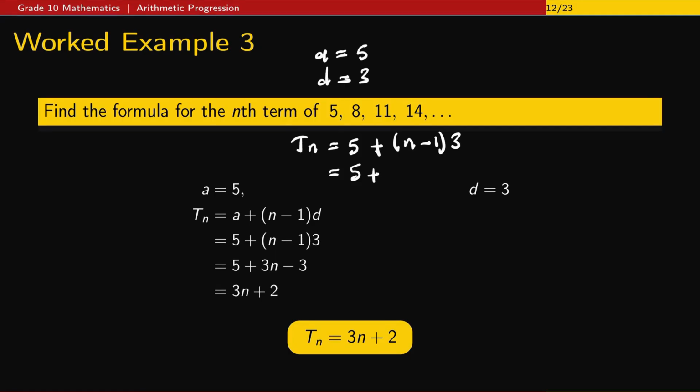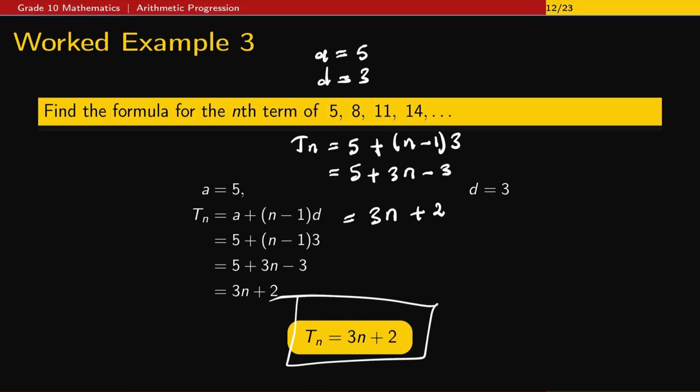Okay, so I write here 5 plus, so I distribute inside, right? So 3 multiplied by n is 3n minus what? Minus 3, okay? Negative 1 times 3. But we do common terms together, so I can just write 3n here. 5 minus 3 is positive 2. Okay, so that is why we have t sub n is 3n plus 2.